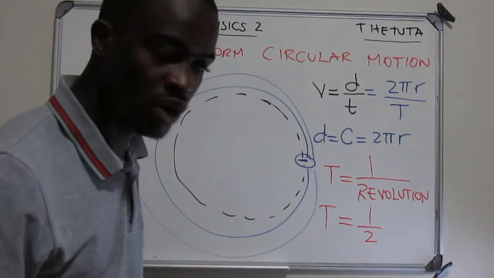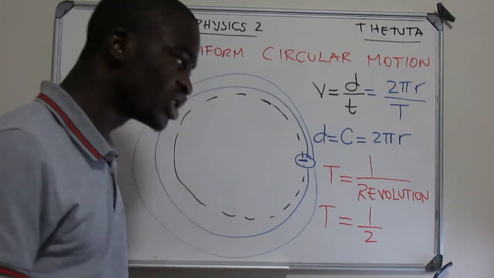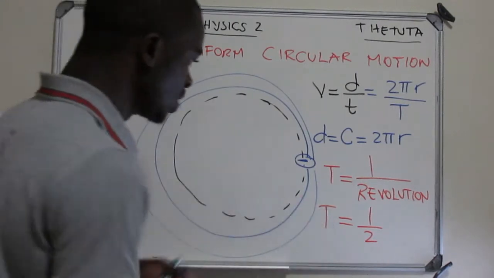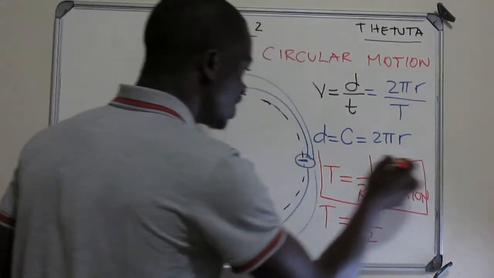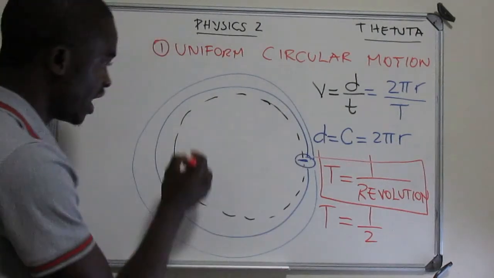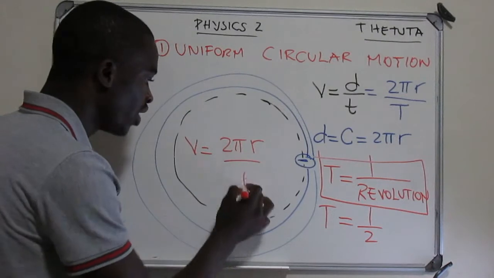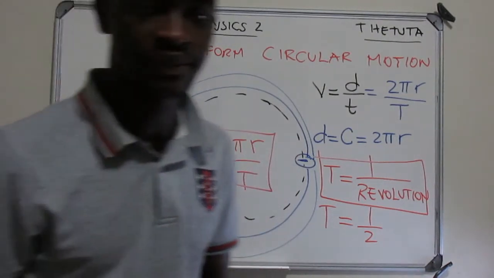Or either way, they can ask us to determine what will be the revolution of this specific person at a specific time. So what we need to keep in mind is that the period is given by 1 over the revolution, and our speed will be given by 2 pi r over the period. These are the only formulas that we need to keep for this concept.